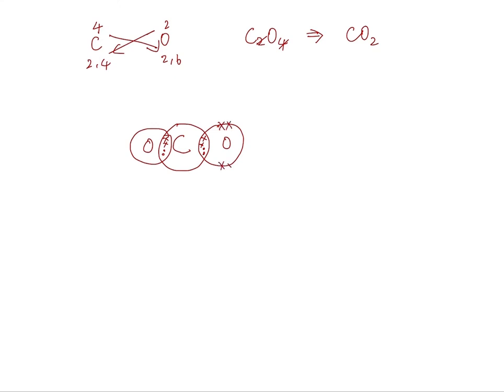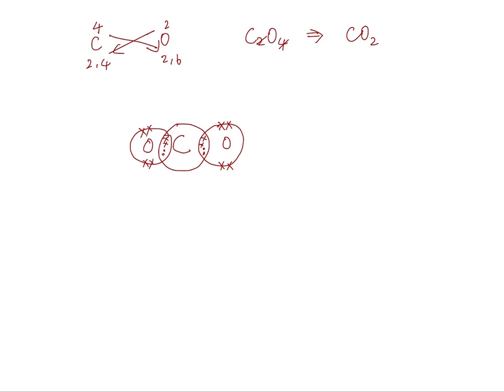Then we draw 4 more here. Now we can count the number of electrons to check. For oxygen, 1, 2, 3, 4, 5, 6, 7, 8. So it is stable. For carbon, 8 electrons. And this oxygen, 8. So all of these have 8 electrons now, so it is stable.